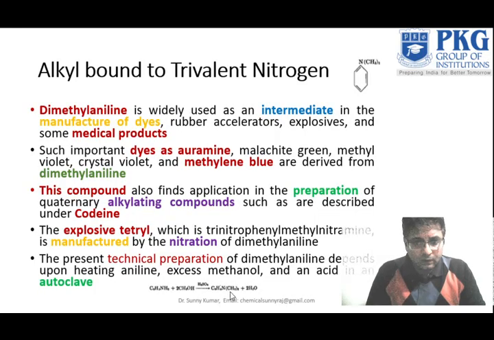So dimethylaniline is what you are getting here in the presence of sulfuric acid, H2SO4, plus H2O you are producing. So this is the simple reaction which we are getting. The further part of dimethylaniline we will read in the next lecture.